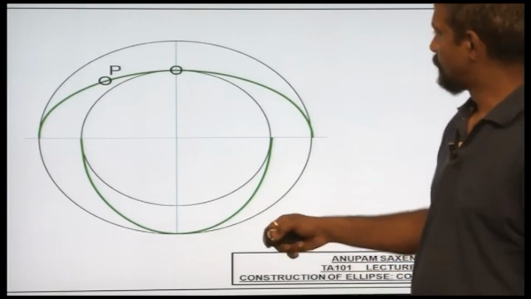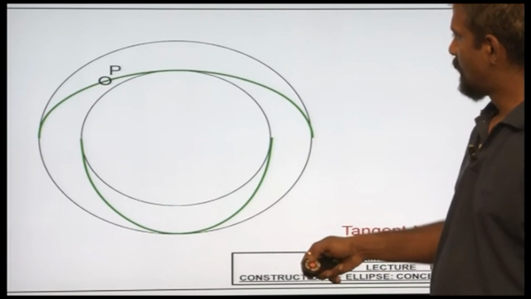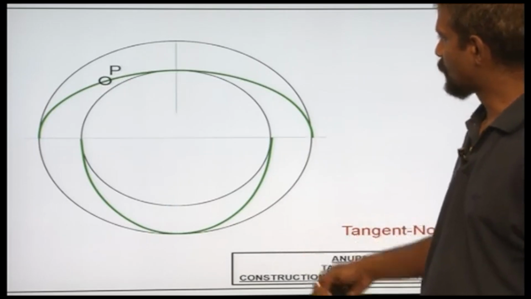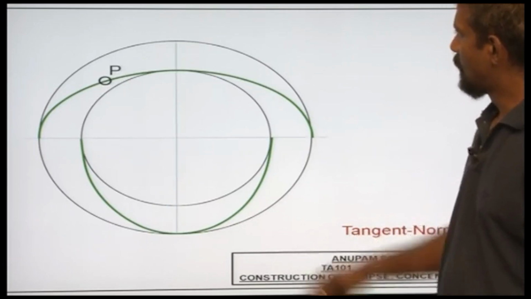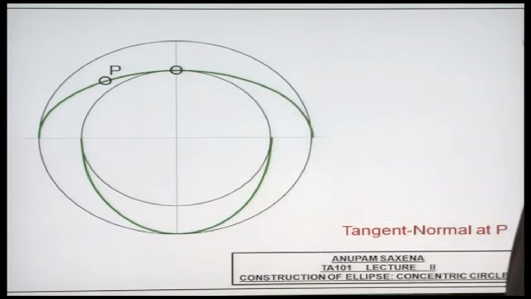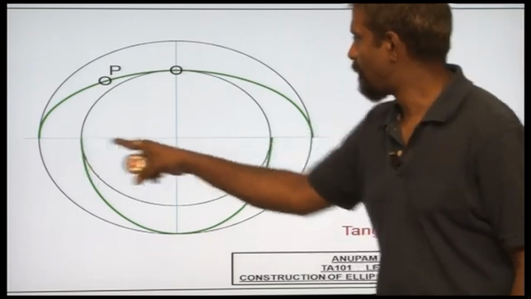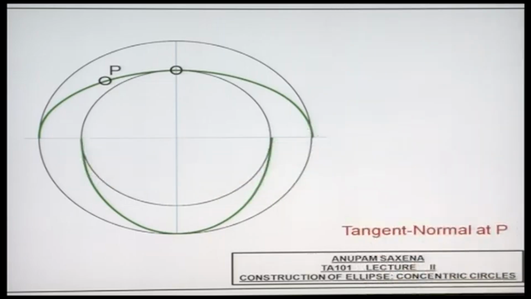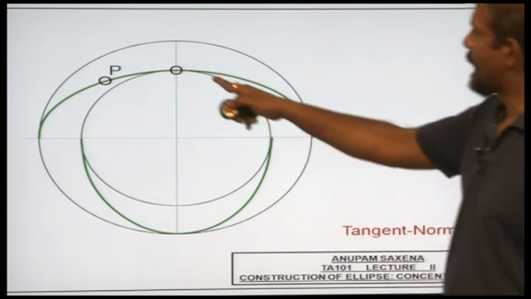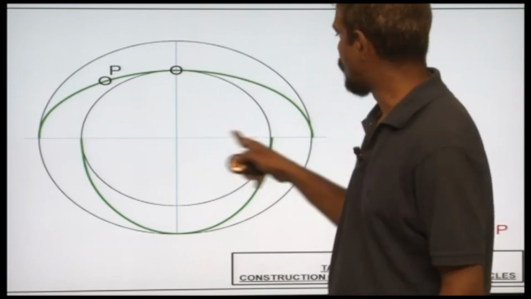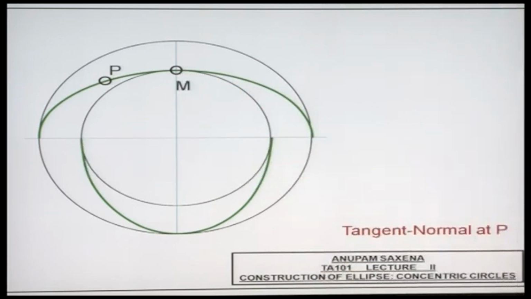Now let me go back. Let me draw the horizontal, and let me also draw the vertical. I'll sit at this point, let's say, and I would already know the length of the major axis of the ellipse. I'll take half of that distance. With this as center, I'll draw two arcs over here and here.